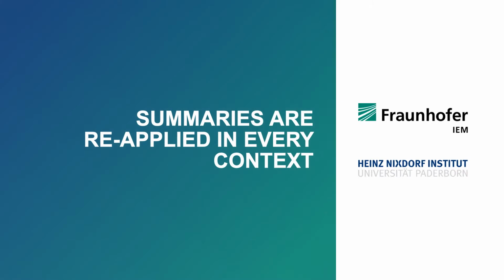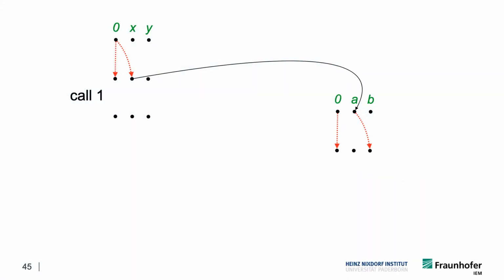Now, to show you this in an example, you will see that these summaries can really be reapplied in every different calling context. So let's assume we have a main method here that has a call site. Initially, this main method is tainting X. Then we have a call flow function that maps X to A. And by looking at this procedure summary, we simply know ahead of time that A is being mapped to B by this callee.